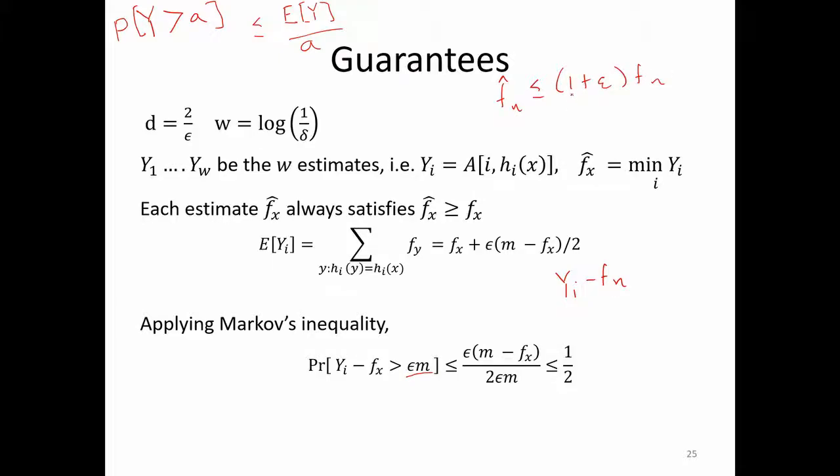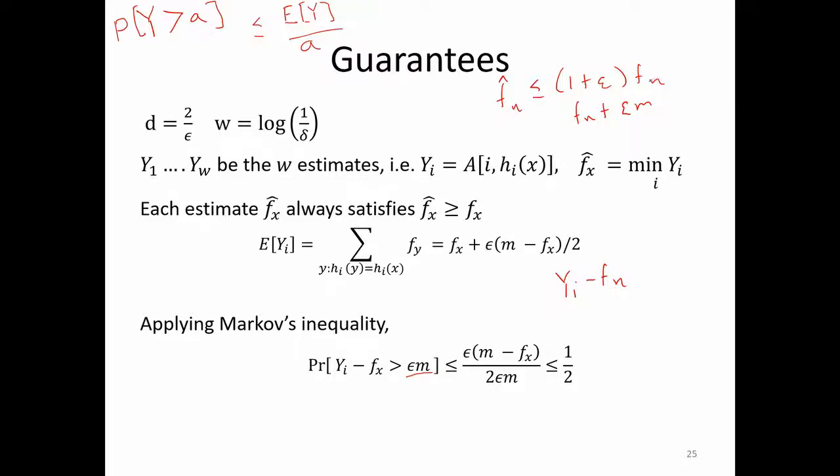Instead, the guarantee that we are really looking for is f of x plus epsilon m. So we don't want this to exceed f of x plus epsilon m. So this is the event that we are looking for.